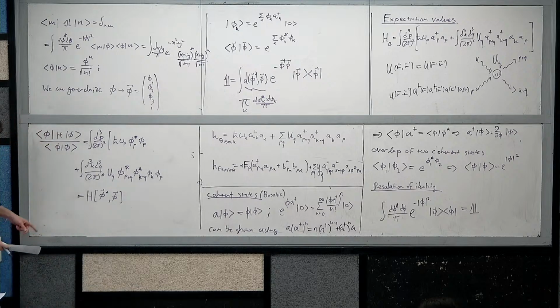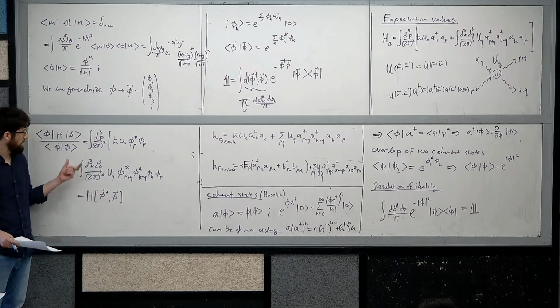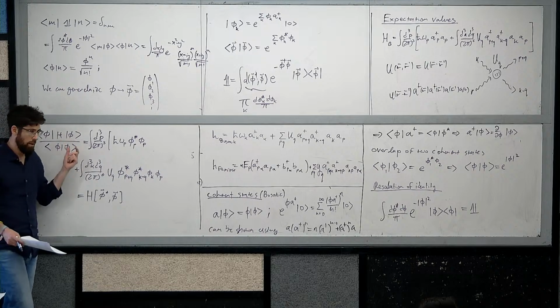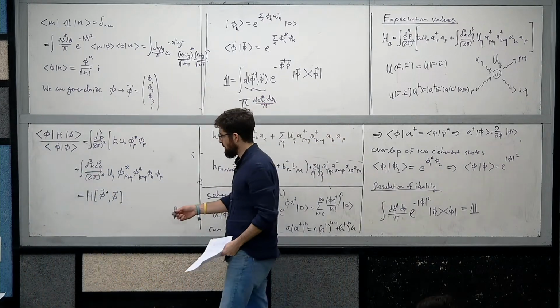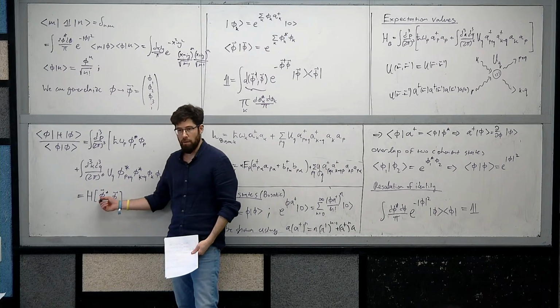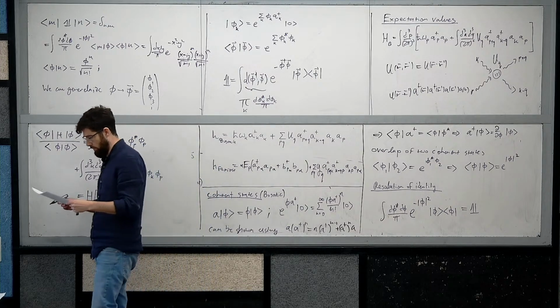So whenever I write something like this, I mean take your Hamiltonian, assuming it's normal ordered, and just substitute everywhere where you have a dagger with phi star, and everywhere where you have an a with phi.